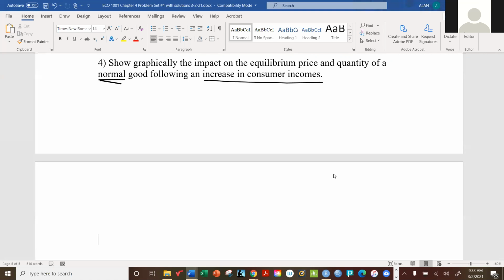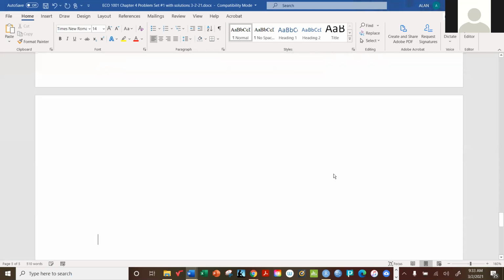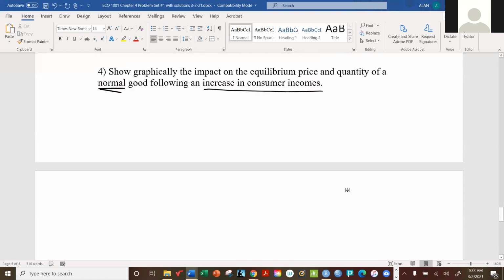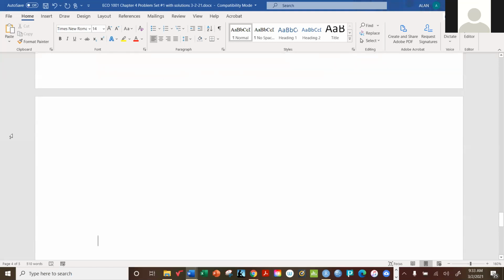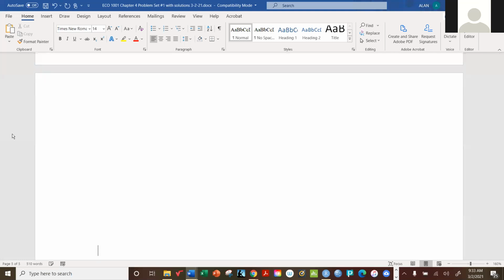Therefore, what's happening here is an increase in demand, right? This is a product that everybody wants. Let's say it's cupcakes. Everybody loves cupcakes. So when their incomes go up, they buy more cupcakes. Maybe not a ton of them because you can only eat so many cupcakes, but people will buy more of them because they're considered to be a normal good.